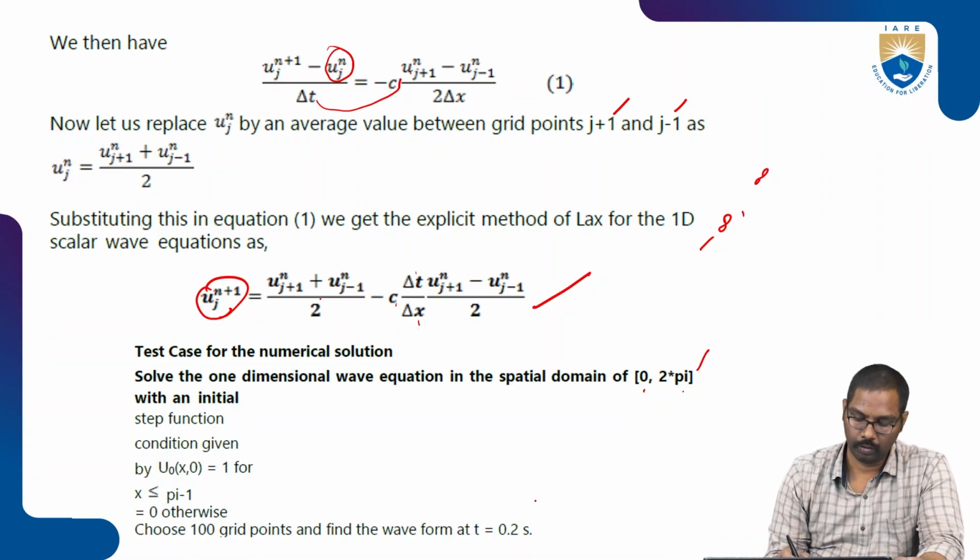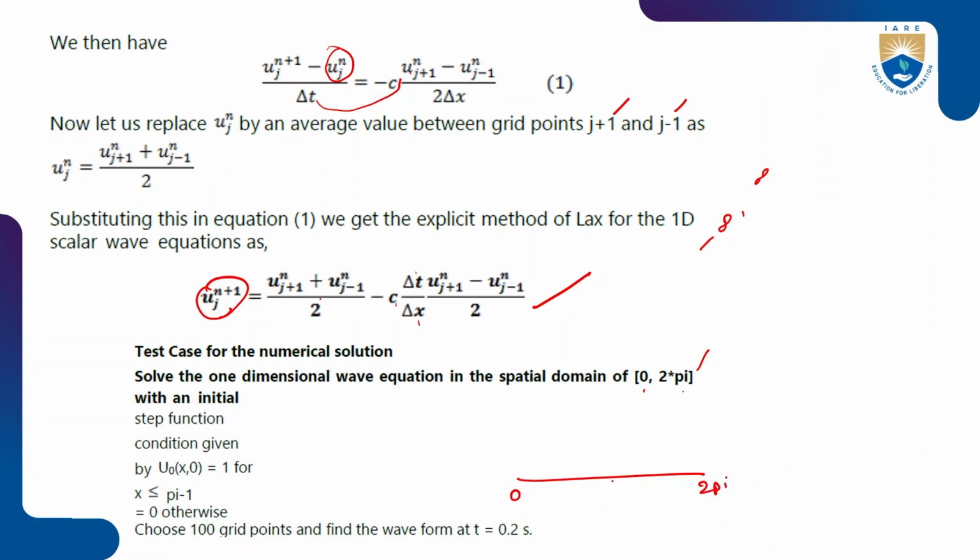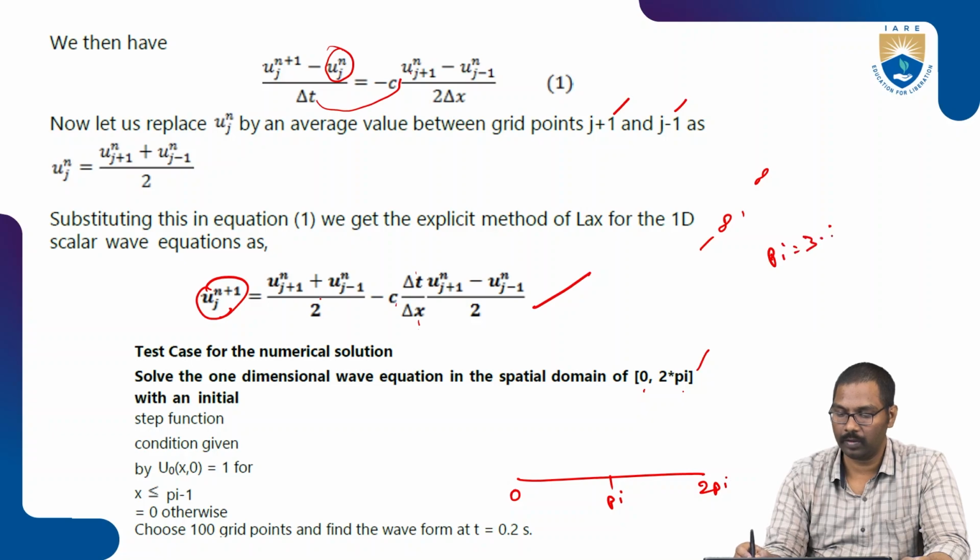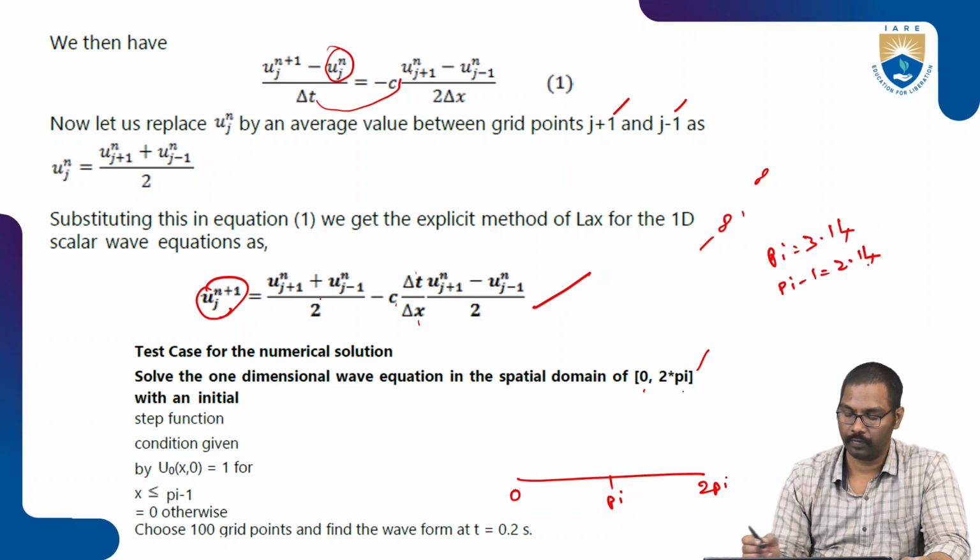If you are taking a domain of 0 to 2 pi, somewhere here you have the pi. Generally we know pi equal to 3.14, so pi minus 1 is nothing but 2.14. On the y-axis we can consider u.